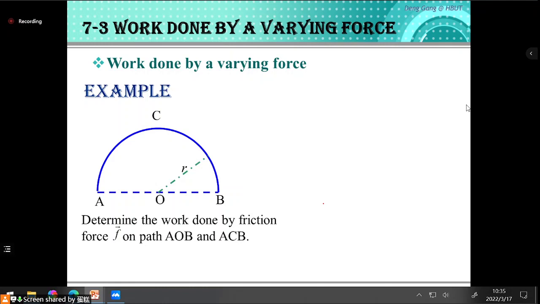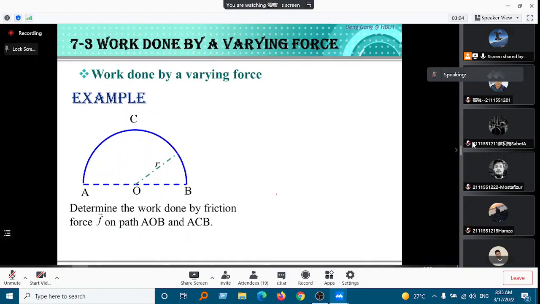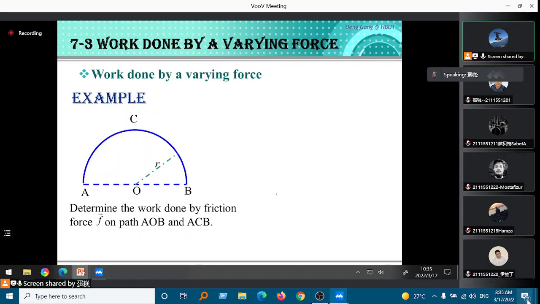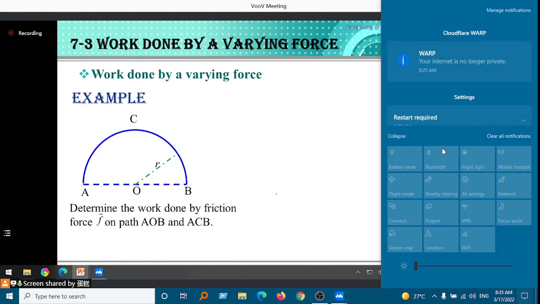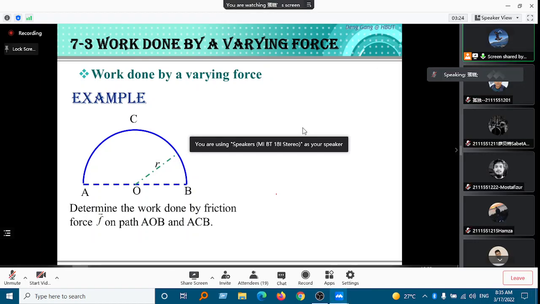So we want to determine the work done by the friction force F. We can treat it as a force with constant magnitude, but the direction depends on the moment.